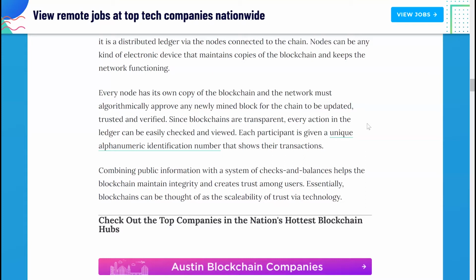Each participant is given a unique alphanumeric identification number that shows their transactions. Combining public information with a system of checks and balances helps the blockchain maintain integrity and creates trust among users. Essentially, blockchains can be thought of as the scalability of trust via technology.